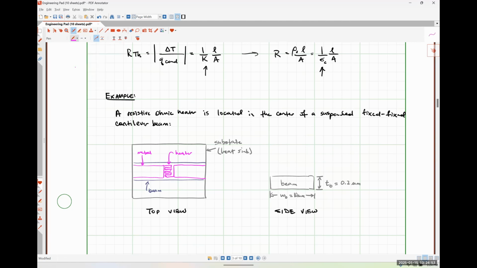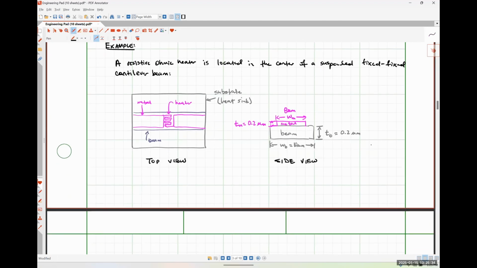And then here over the top, we have our metal, where the width of our metal is 8 microns, and the thickness of our metal is 0.2 microns. Give you guys some more information here. Didn't realize I was running out of room, but that's okay.